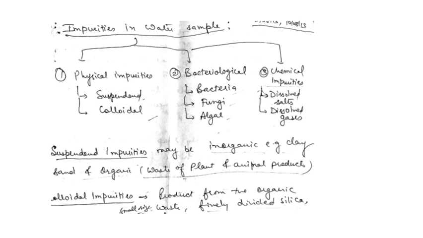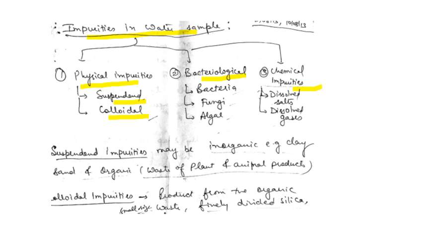Now, having understood the various sources of water and seen which kinds of impurities are present in the water, we can classify the impurities in a water sample into three main types. The first is physical impurity, the second is bacteriological impurity, and the third is chemical impurity. The physical impurity can be divided into two types, suspended impurities and colloidal impurities.